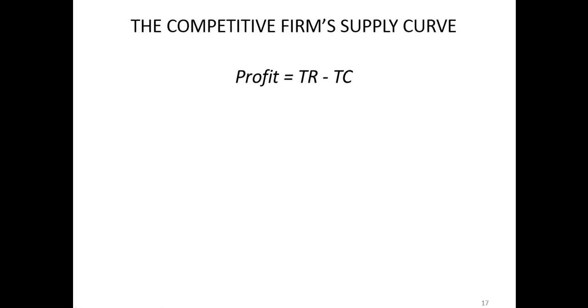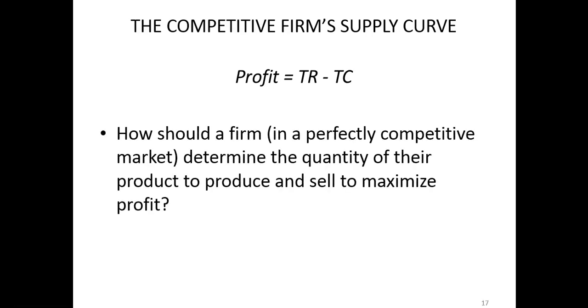However, to maximize profit, anytime you're trying to answer a profit question, revenue information is not enough. You need the cost side, right? Because total revenue minus total cost is profit.